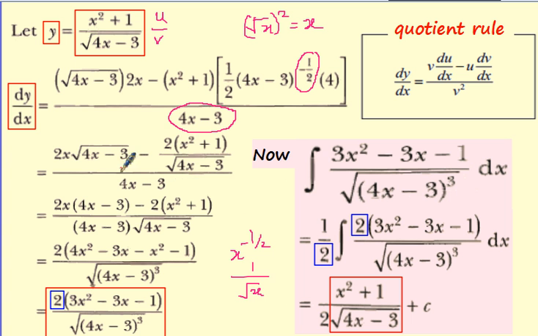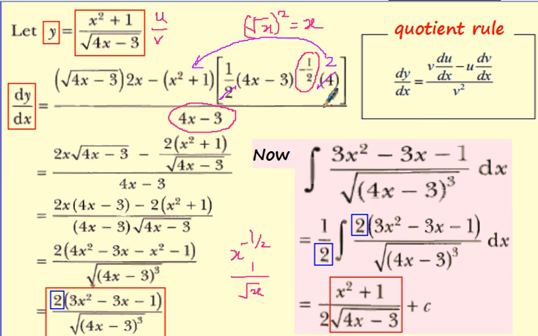So here we have taken it down, and here we have written 2 because there is 4, so if you see this 4 we have cancelled with this, so it is 2, so 2x square and this 2 we have brought here, so 2x square plus 1 upon root 4x minus 3.